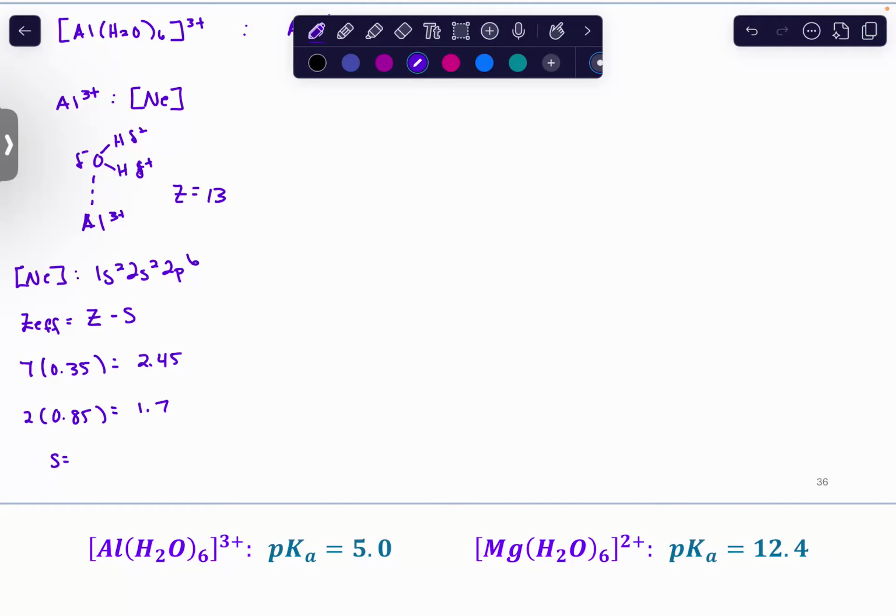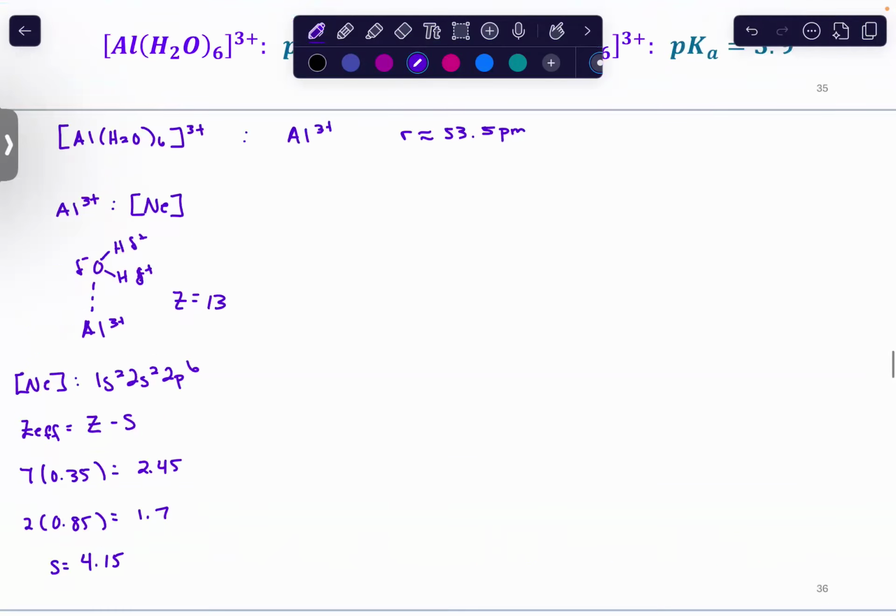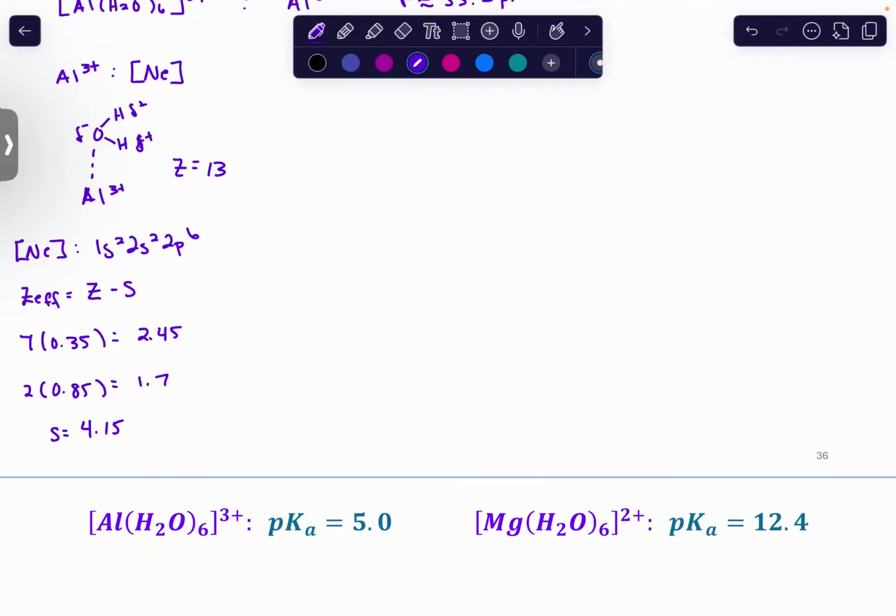S is going to end up being 4.15. So that means your Z effective is going to be 13 minus 4.15, which equals 8.85. So technically, any electron coming in is going to see about 8.85 of those protons in the core.